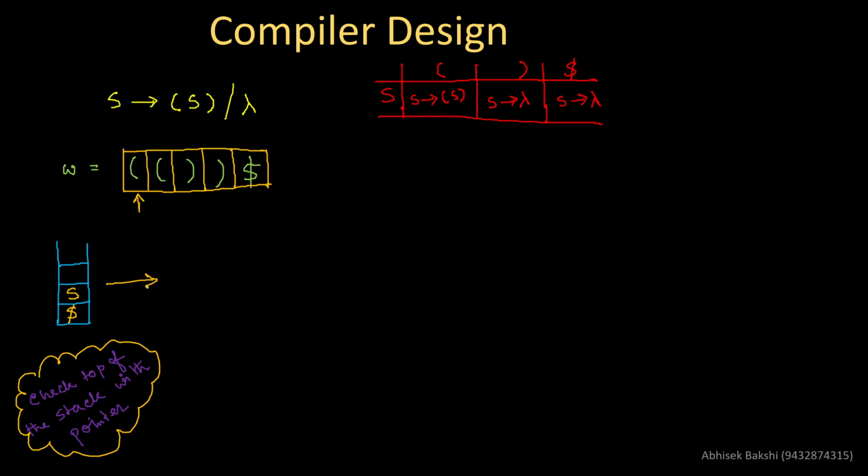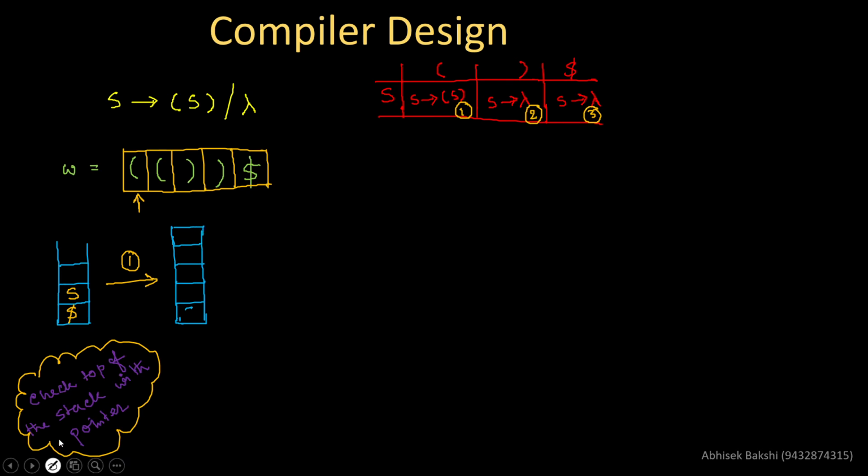If I say that this is rule number 1, this is cell number 1, this is cell number 2, I'm just numbering it so that you can map it. What will happen? The content of the stack will change. Let me write it, then I'm telling you. What we had in this stack was a dollar and S.